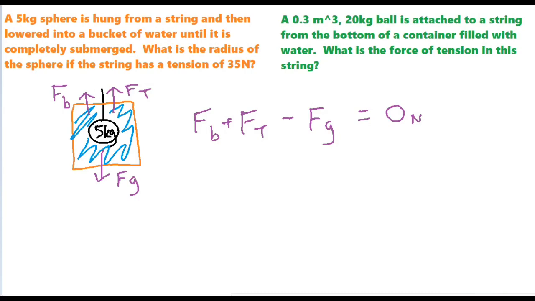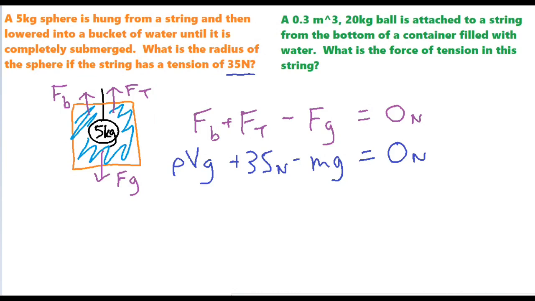Now from there, we're going to break our formulas apart and put in some different values as well. So for the buoyant force, we're going to use the formula rho Vg. For the force of tension, we know that it's 35 newtons from the problem. And for the force of gravity, we know we're going to use mg.